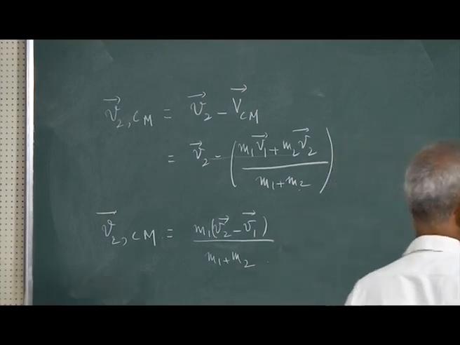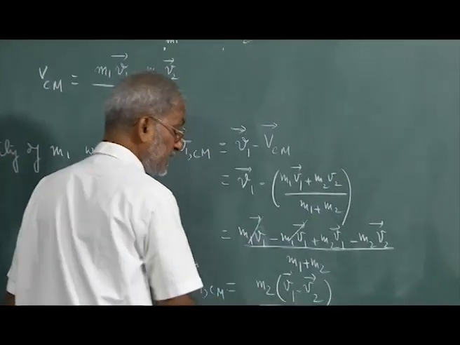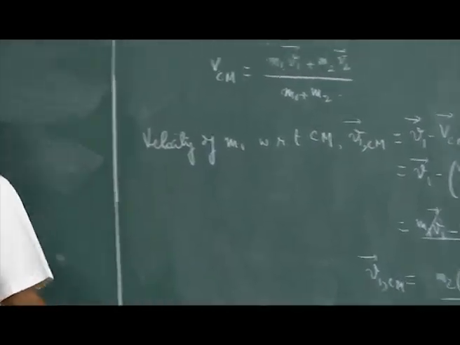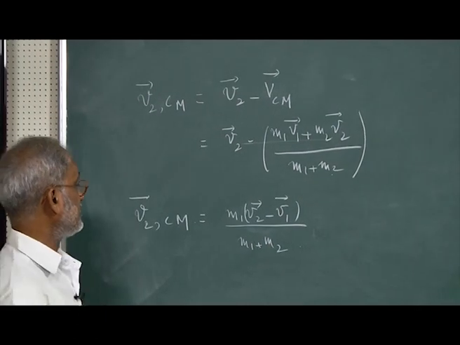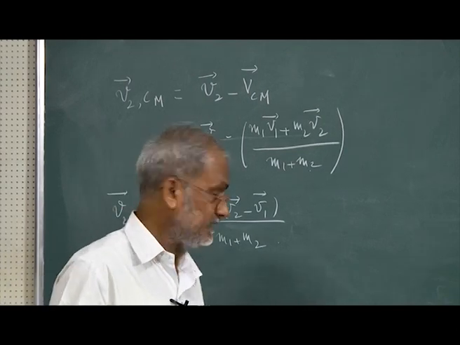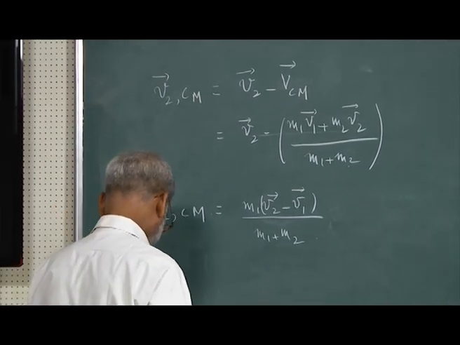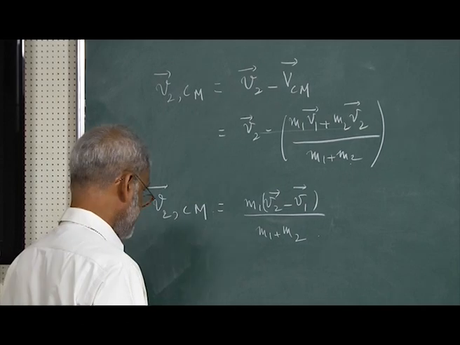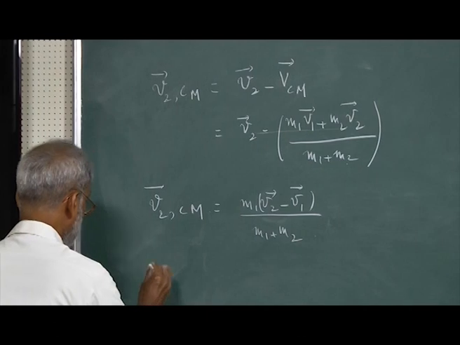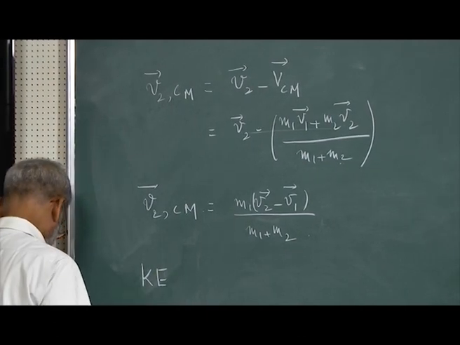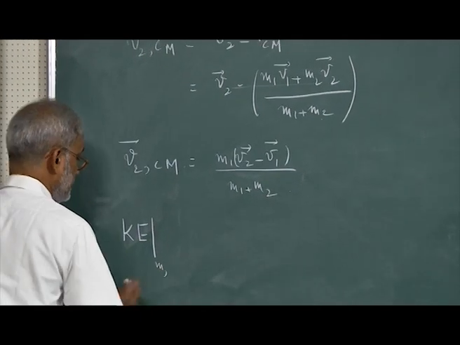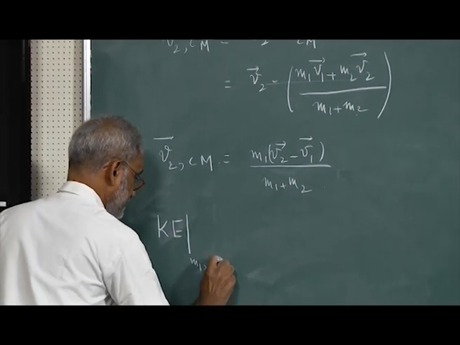So, you can see the symmetry. The velocity of the first particle with respect to center of mass has m2 and then V1 minus V2. Here the velocity of the second particle with respect to center of mass has m1 and then V2 minus V1, right. Now, what I need to do is calculate the kinetic energy of the first particle relative to the center of mass.